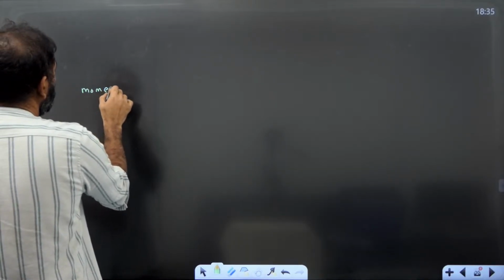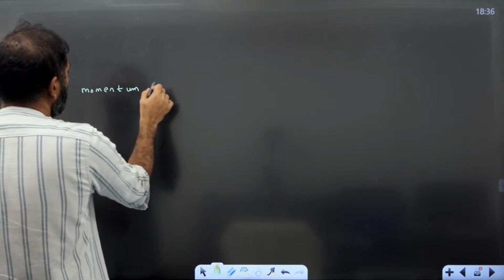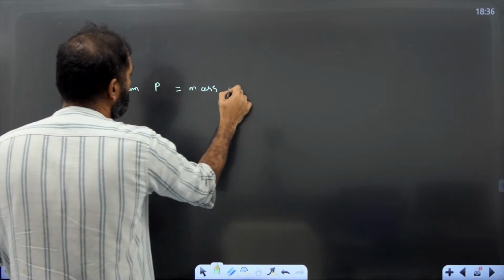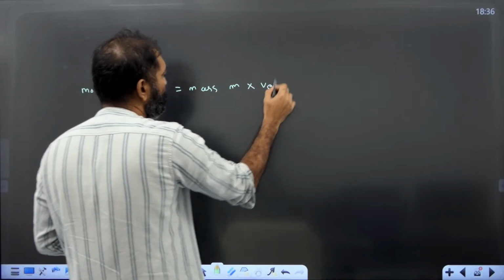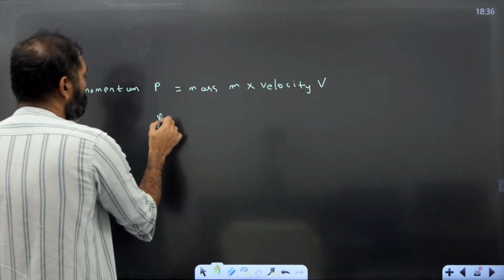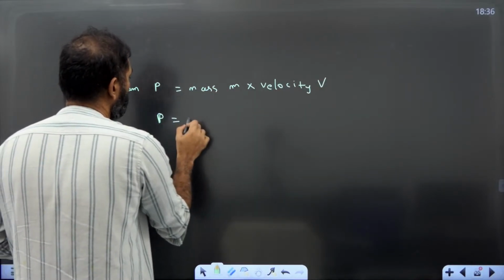Momentum P equal to mass m into velocity v. P equal to mv.